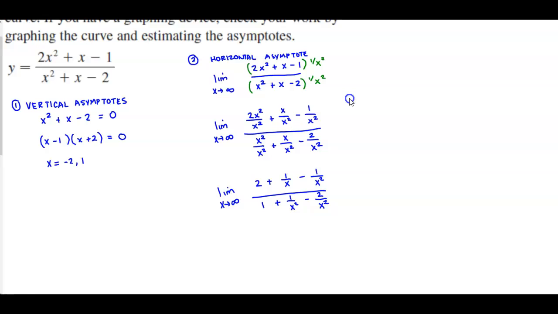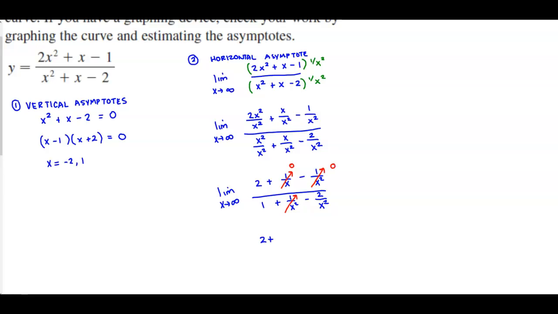Okay, now we can evaluate this limit as x approaches infinity. When we evaluate, we get 2 plus, well, we can see that this 1 over infinity is going to give us 0, and this 1 over x squared is also going to give us 0.